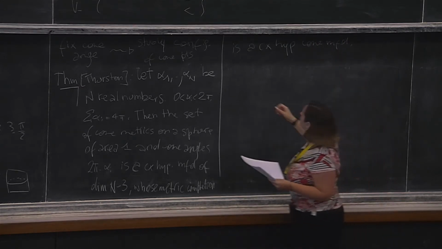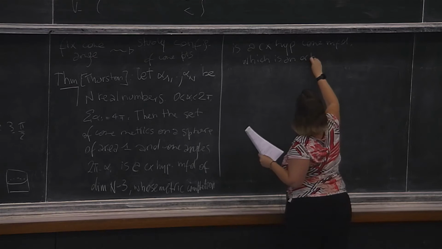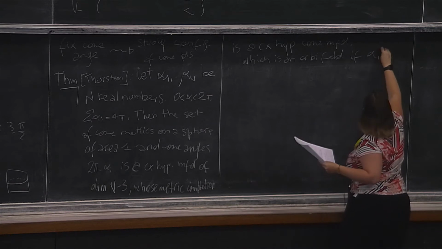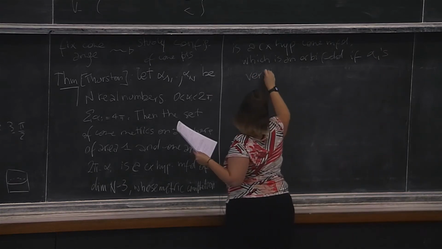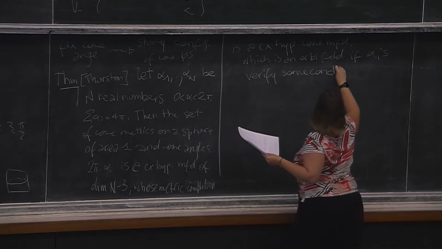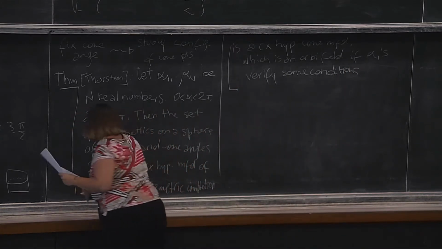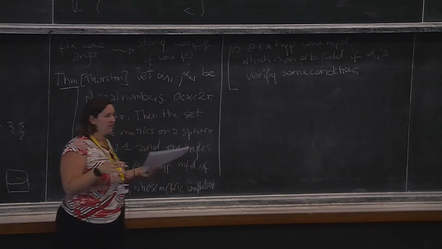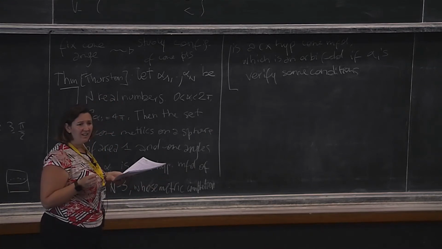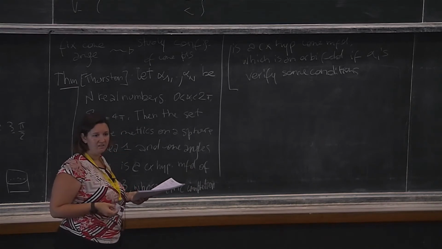And moreover, this is an orbifold in some cases, if the alpha i's verify some conditions which I don't really want to talk about, but they are just simple conditions on the alpha i's, or some sums of them dividing or not dividing 2 pi. So it's a good orbifold, so it's the quotient by a discrete group, yeah.